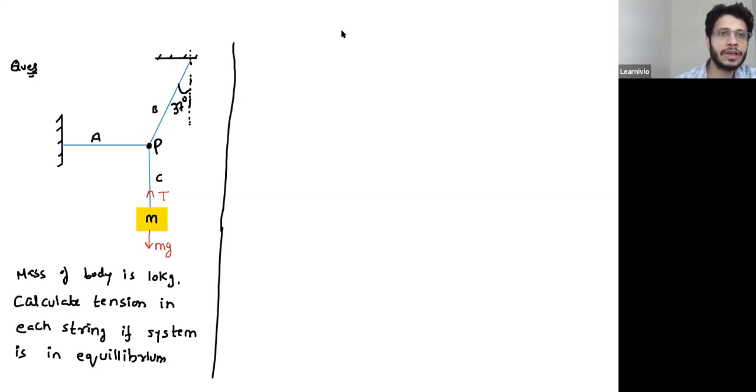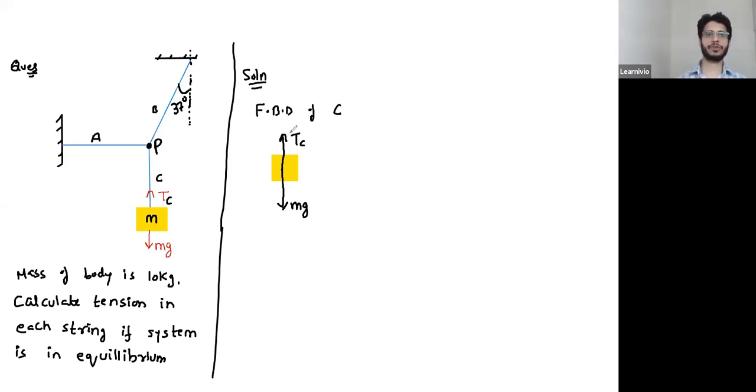So let's draw the FBD of mass M. I call this tension TC because the name of this string is C. In the FBD, this is mg, which is acting in downwards direction, and this is TC, tension, which is acting in upwards direction.